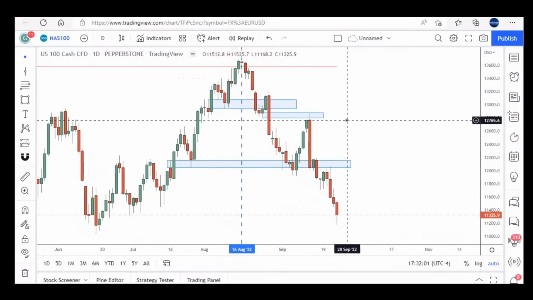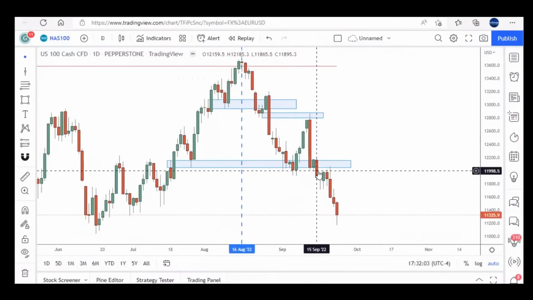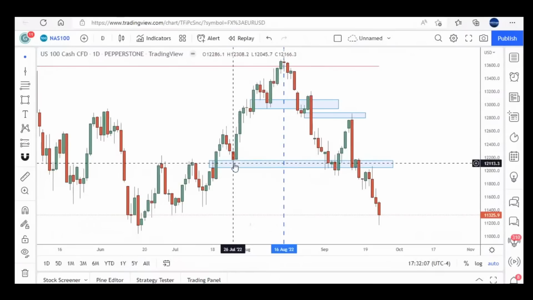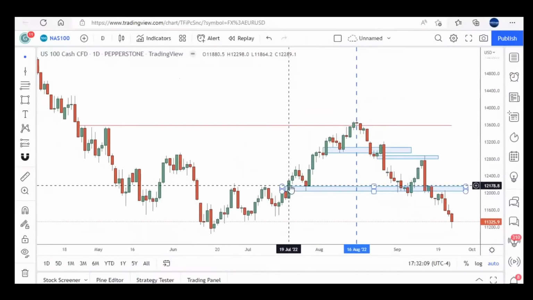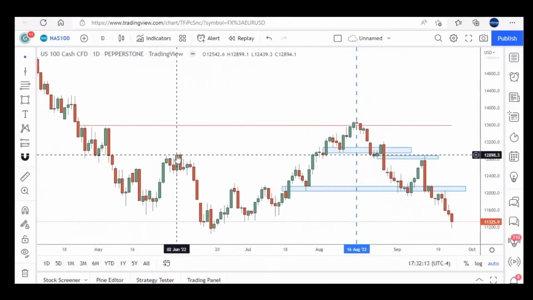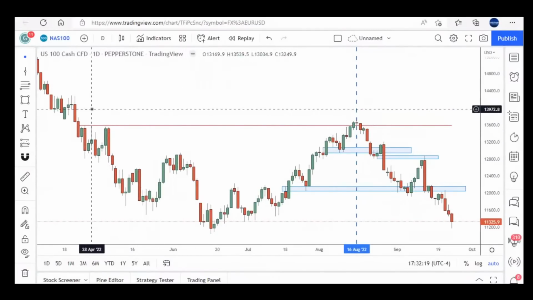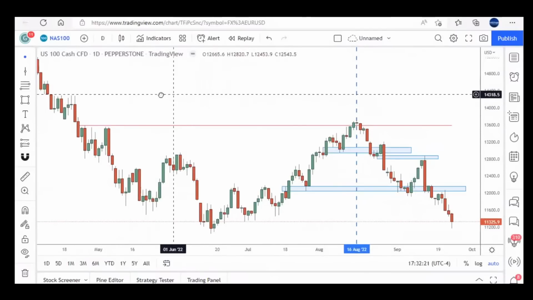But I use opposing PD arrays. So, we have a bullish order block here, okay? And that's way down here. Where are we going to go? We're going to go to an old high for a target. Here's our old high right here. We have old highs here that are relatively equal. Remember at the beginning of the video, again, go back.